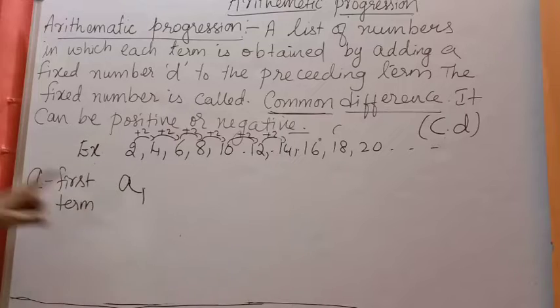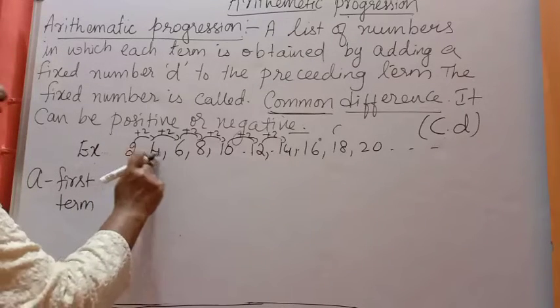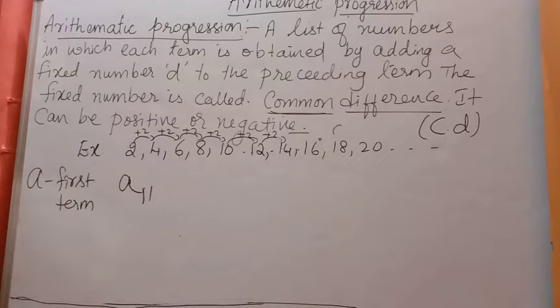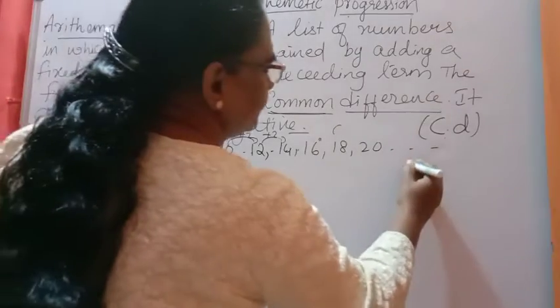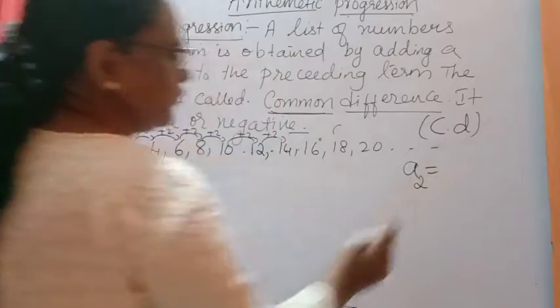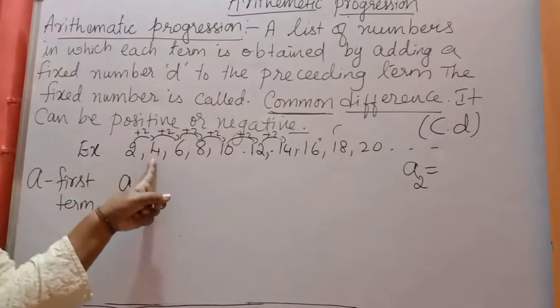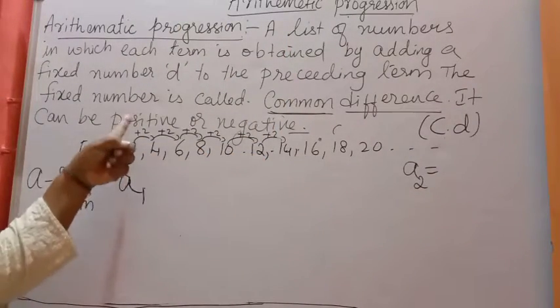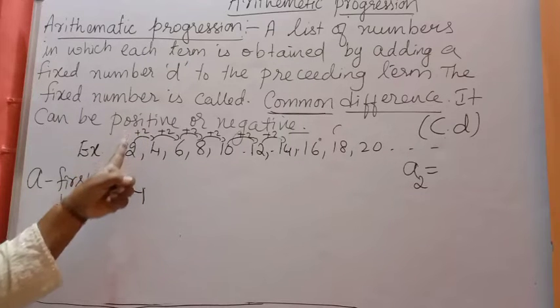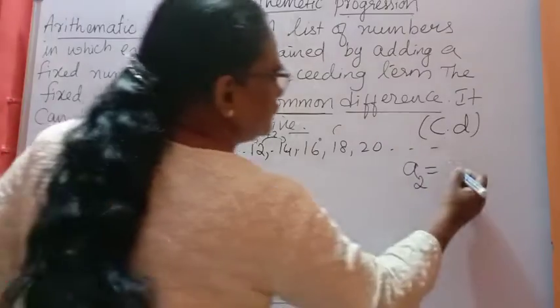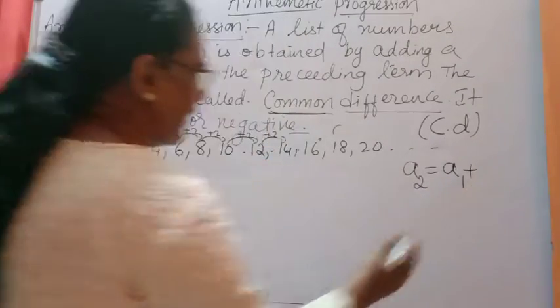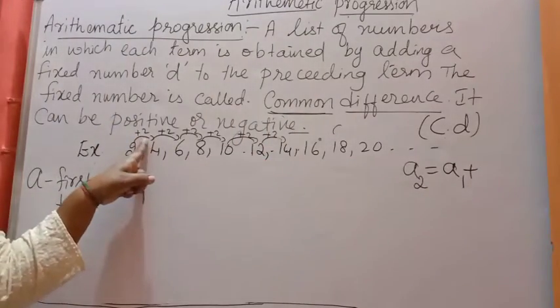So how do you get the second term? The second term is A2. For the first term, you are adding 2, right? For the first term, A1, you are adding this number. What is this number?